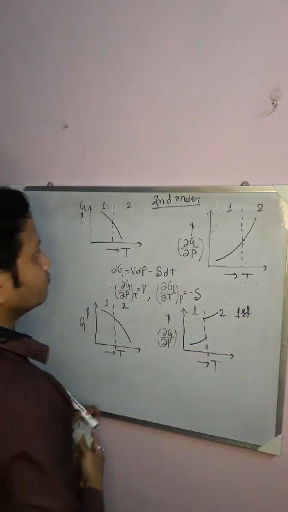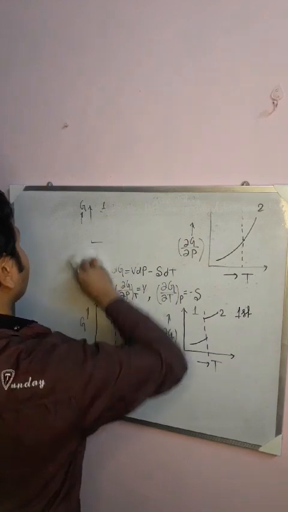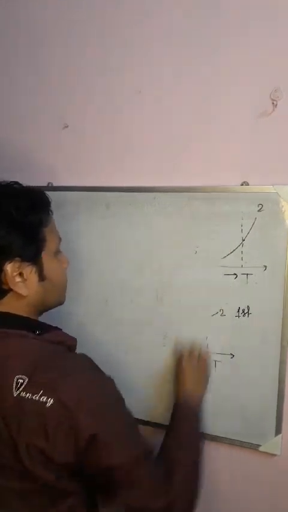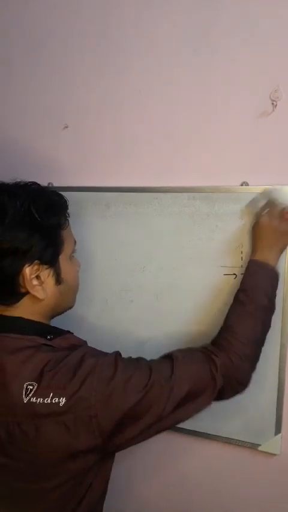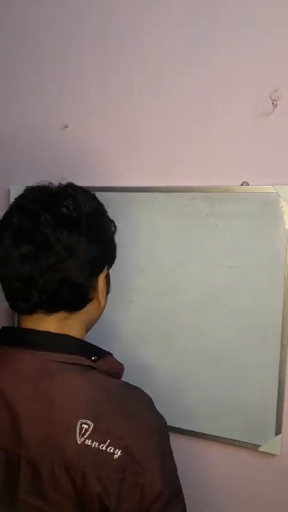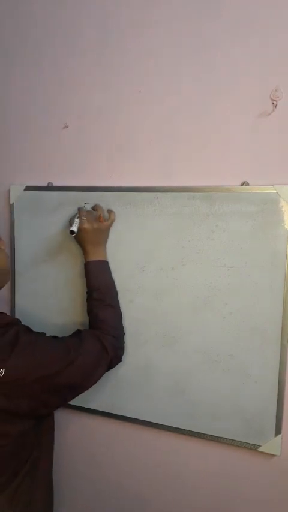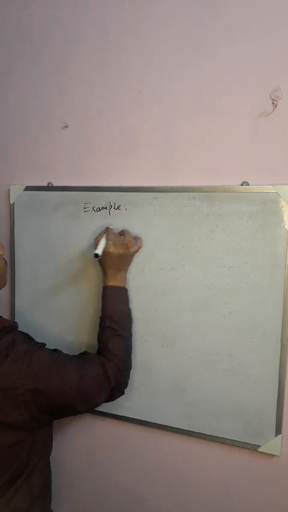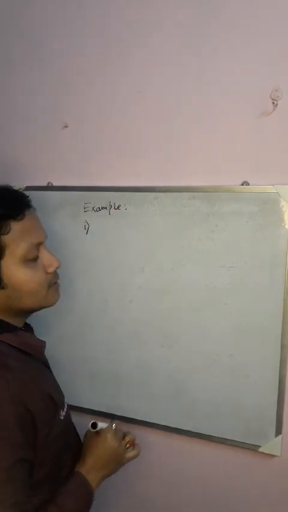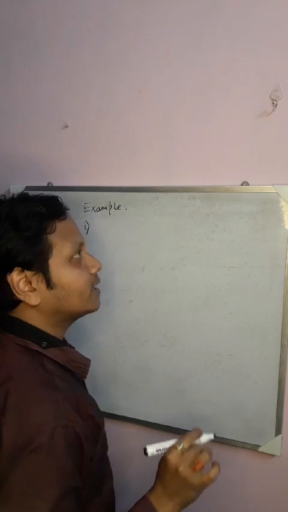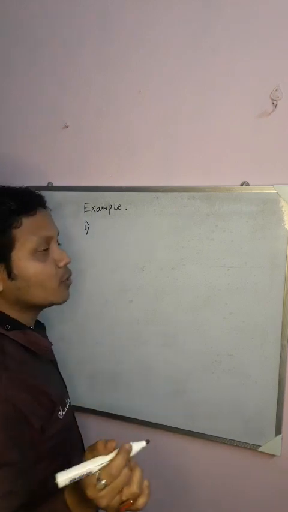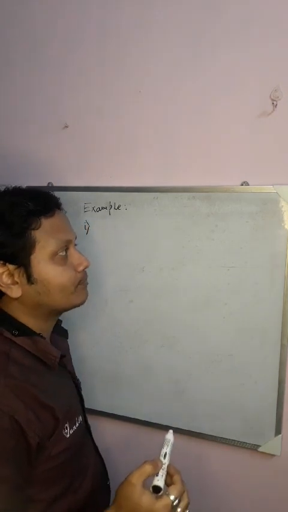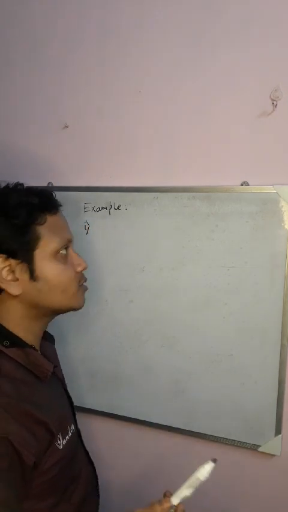Now what are the basic examples of second order phase transition? The familiar example of second order phase transition is the transition from a ferromagnetic substance to a paramagnetic substance at the Curie point. We know that the Curie temperature is the temperature at which a ferromagnetic substance becomes paramagnetic.